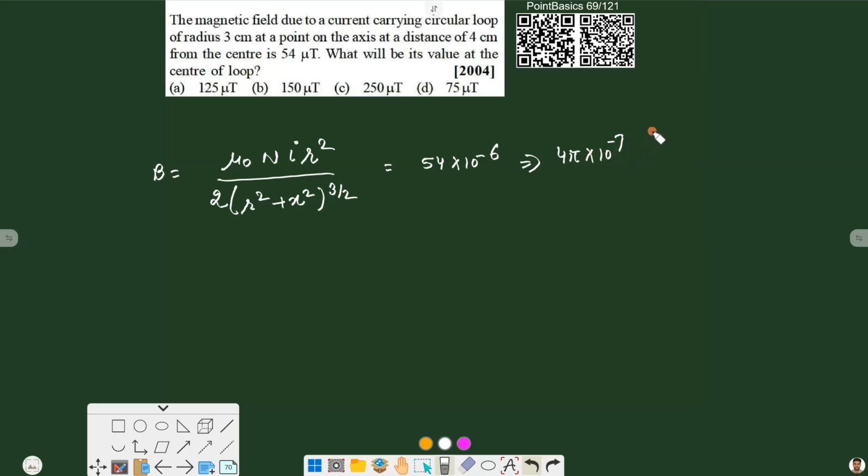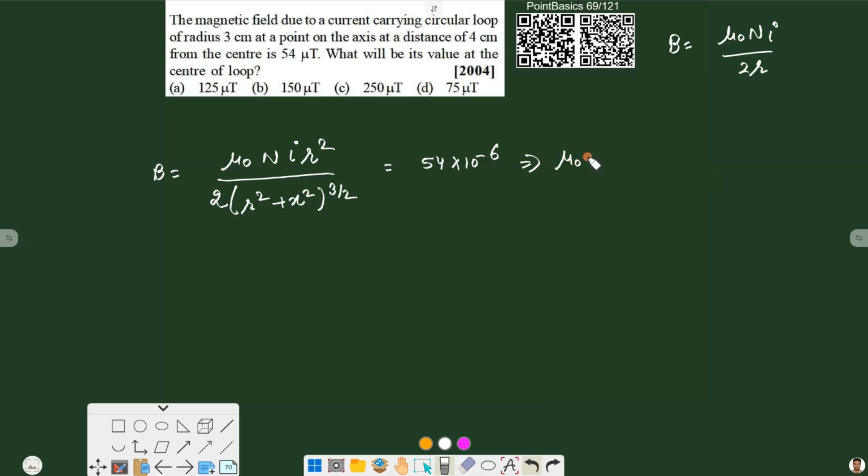Current is not known to us, so what we do, we calculate the value of mu node ni, because we have to use that same value in case of the magnetic field at the center. Magnetic field at center is mu node ni by twice of r, if n is the number of loops. So we just calculate the value of mu node ni.